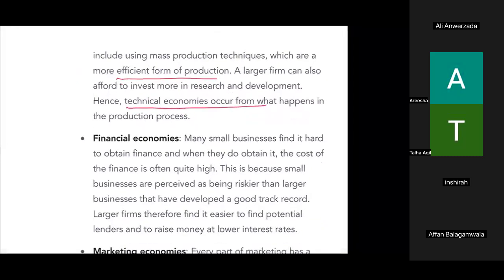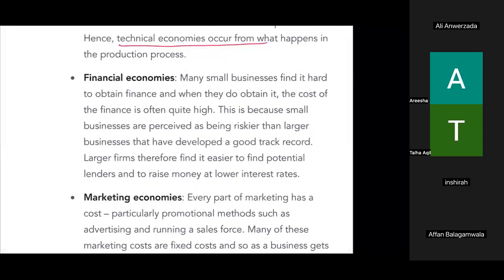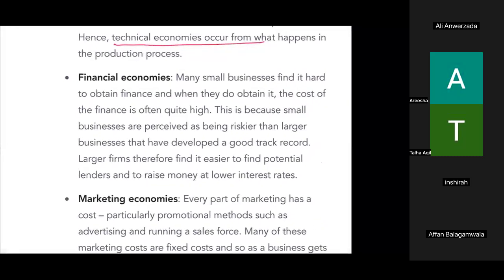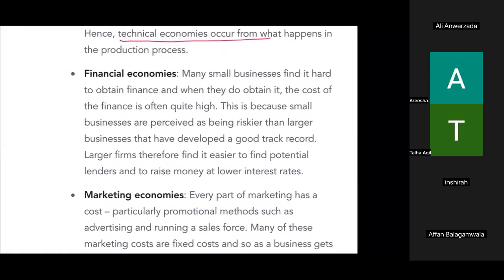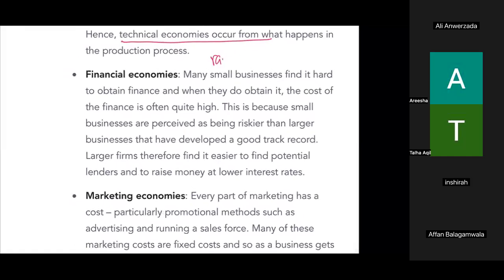Financial economies of scale is simply when you are a large player, you get the ability to raise capital cheaply. For example, small firms cannot go to the stock market, but large firms can go to the stock market. What is the benefit of going to the stock market? You can get easy access to money.